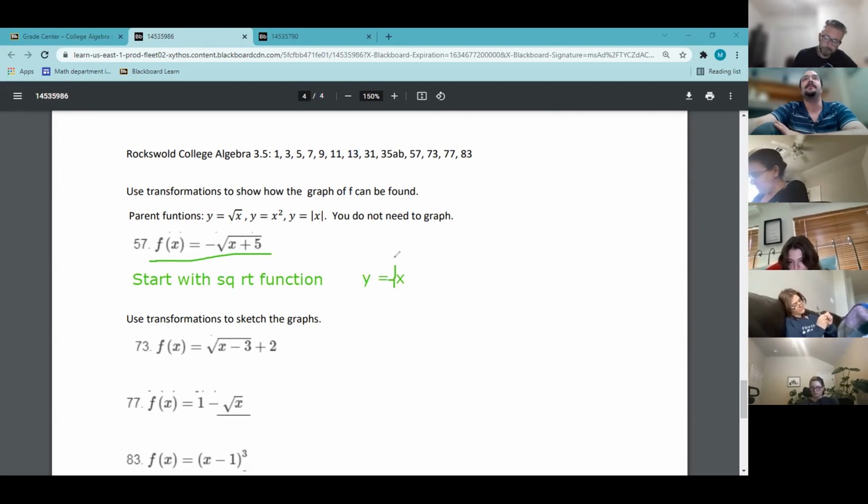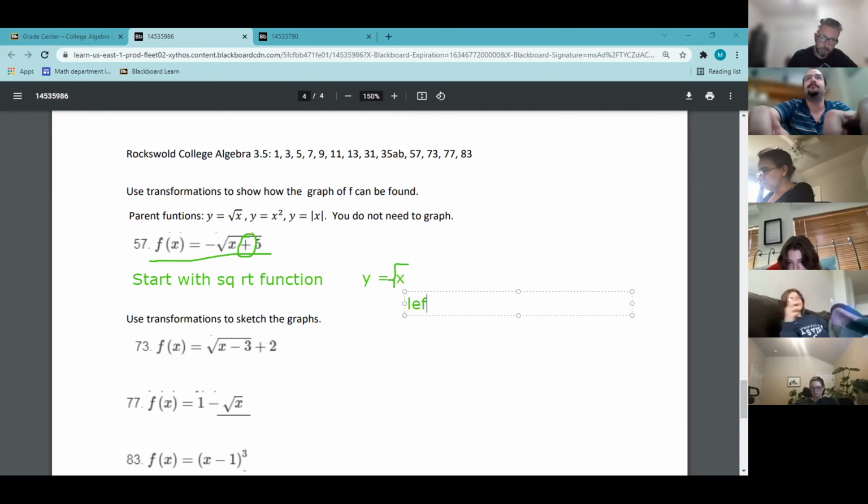You're starting with y equals square root of x, and then what are we doing to it? We are going left 5 units, something like that. Shift to left 5 units.